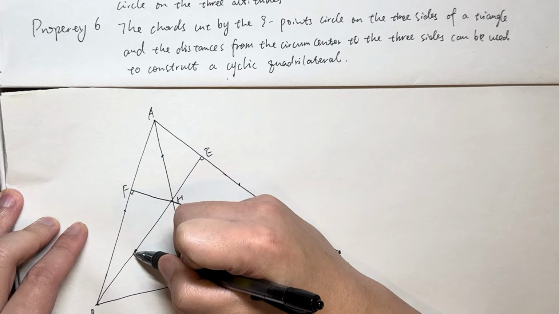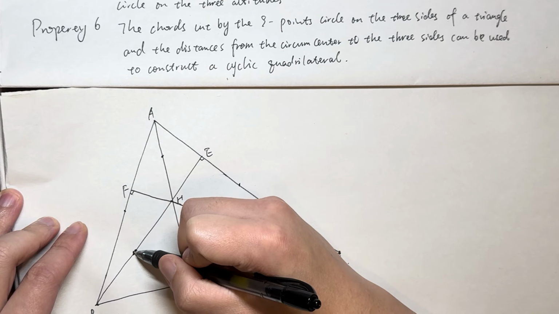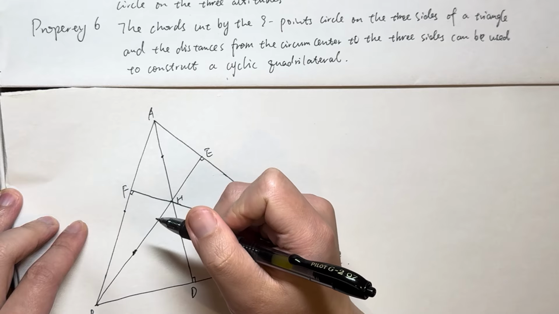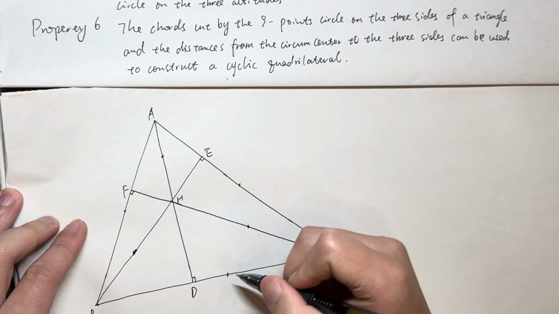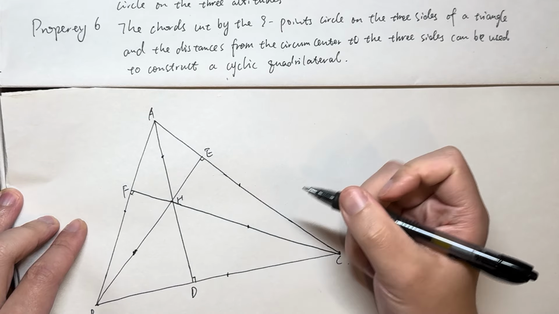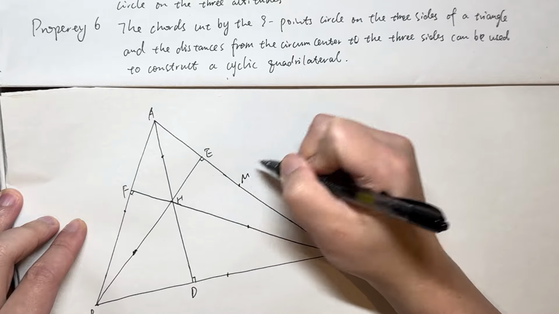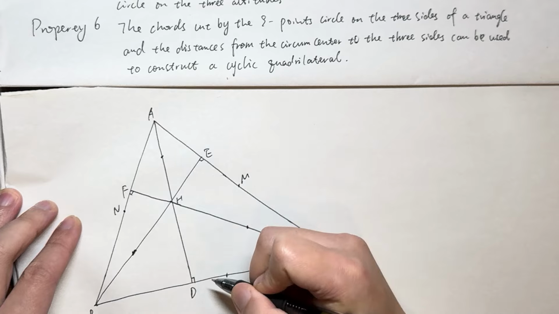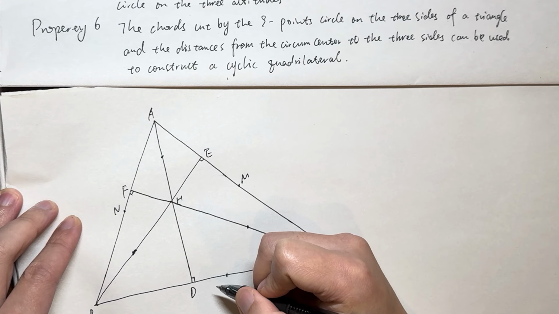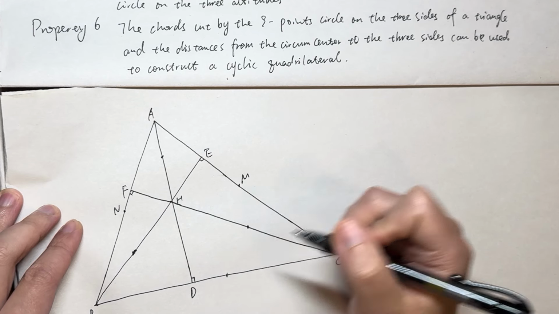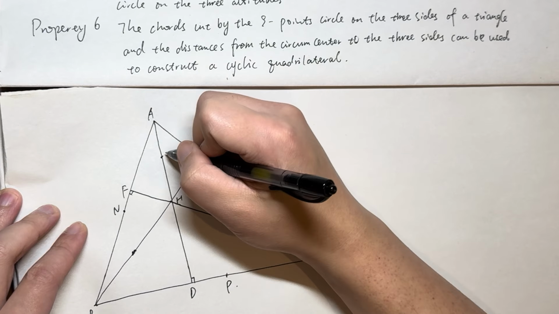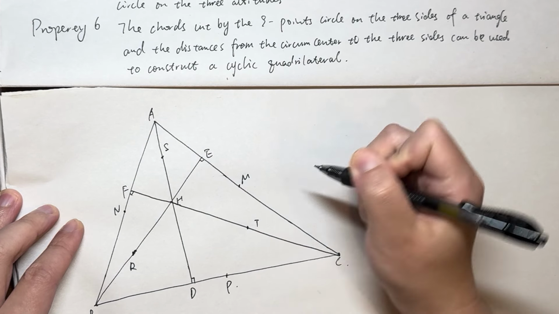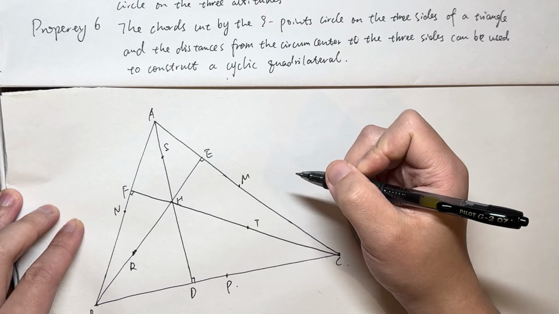That's roughly our 9-point circle. Let's call it M. This one is N. P, S, R, T, right?